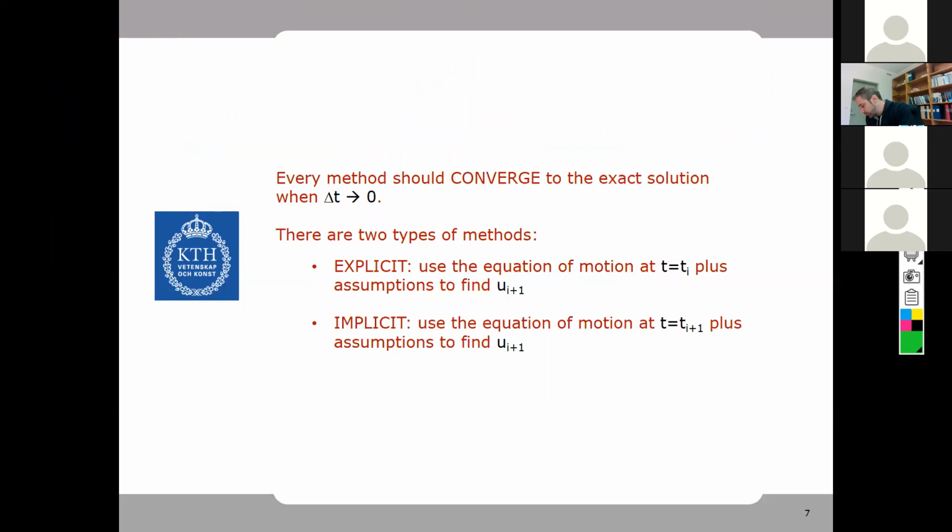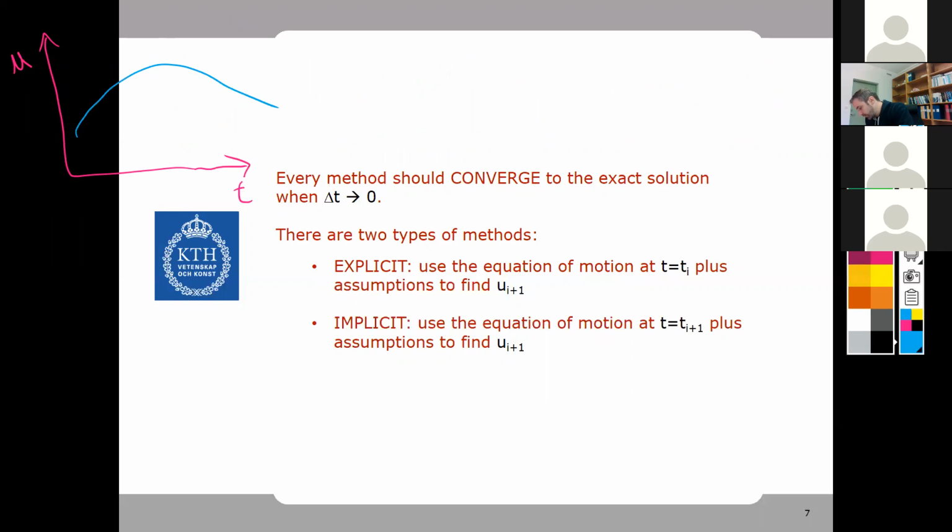So I'm going to zoom in on the graph. We have a displacement with time, and we had a curve, and we calculated this. This is already known, and we want to calculate the next value.